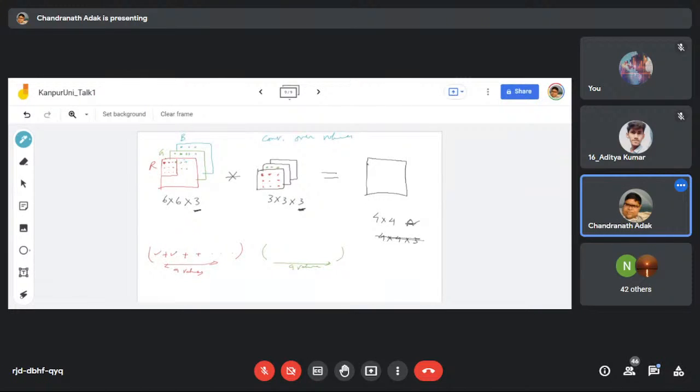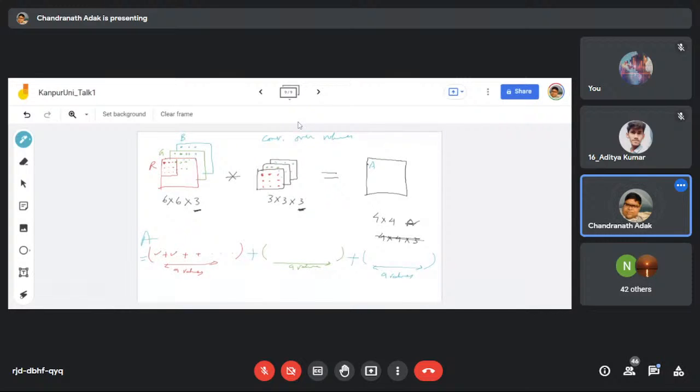And in the kernel also I have 9 values, so I will multiply and add it up. After that, these 27 values, 9 plus 9 plus 9, I will add up and overall I will get some value, say A. So this A I will put over here, only a single value.